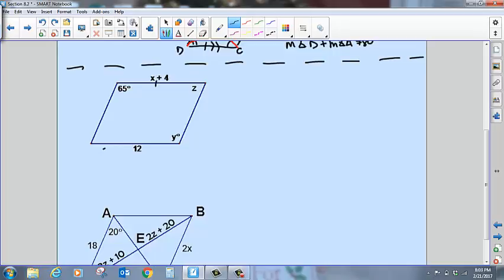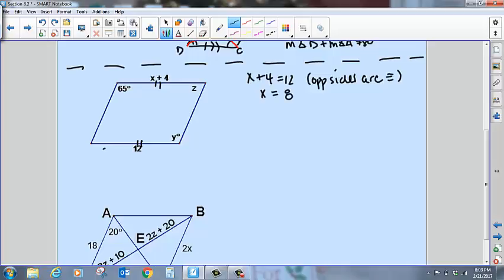So we know that from property number 2, opposite sides are congruent. So that means that x plus 4 is going to equal 12. And again, that's because opposite sides are congruent to each other in a parallelogram. Okay, so then that means that x must equal 8.